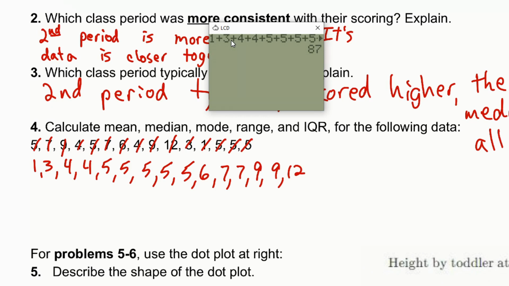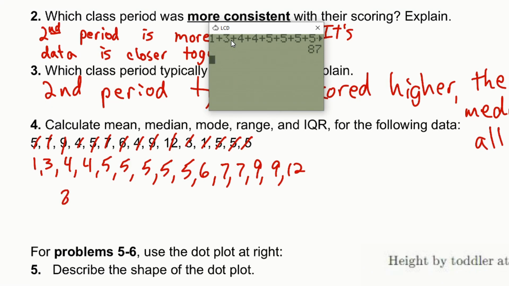I've added all those together, and it's 87. And there are 15 data points. So I'm going to divide that by 15, and I'll get 5.8. And that is the mean, or the average.